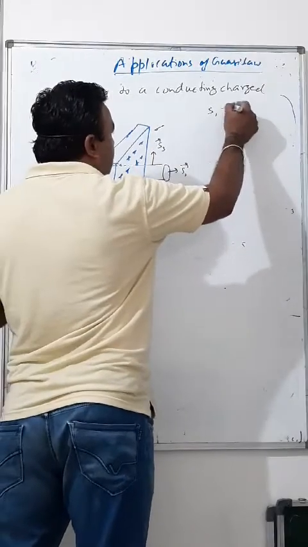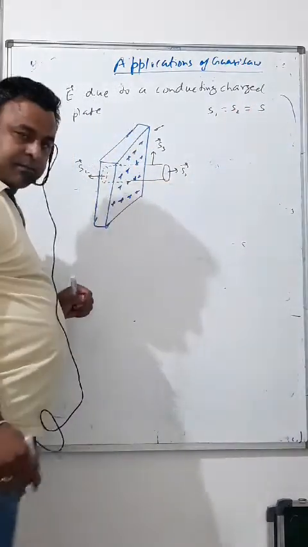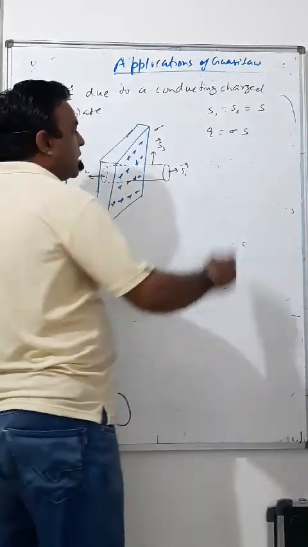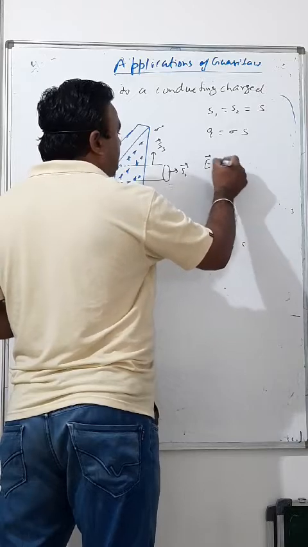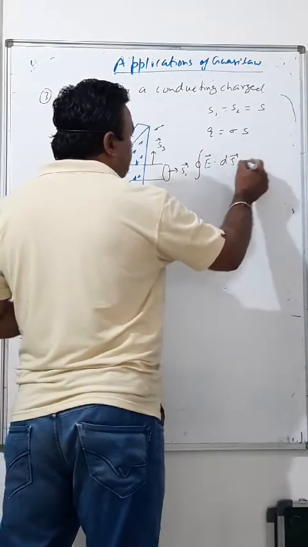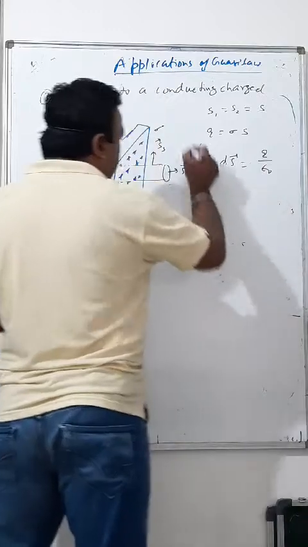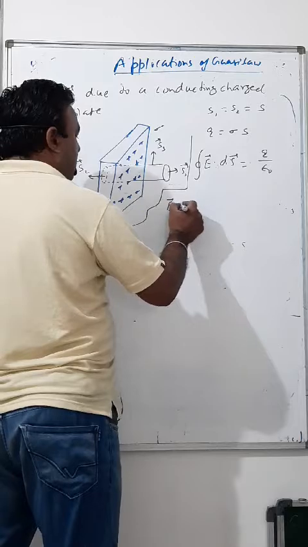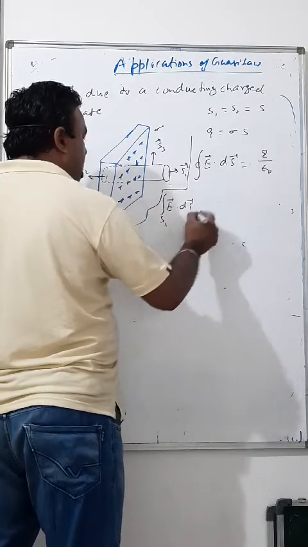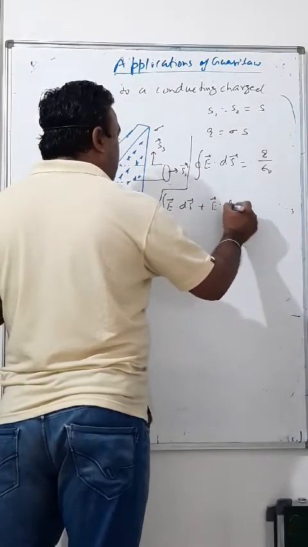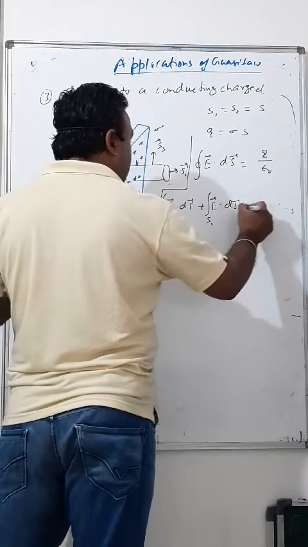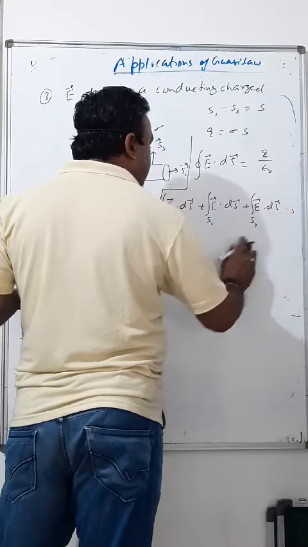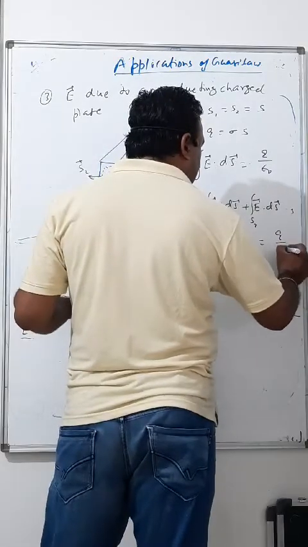And it is very clear that S1 and S2 are the same, S. And now Q enclosed is sigma S. I do the same thing, E dot dS over the closed surface equals Q upon epsilon naught: E dot dS for S1, S2, S3 equals Q by epsilon naught.